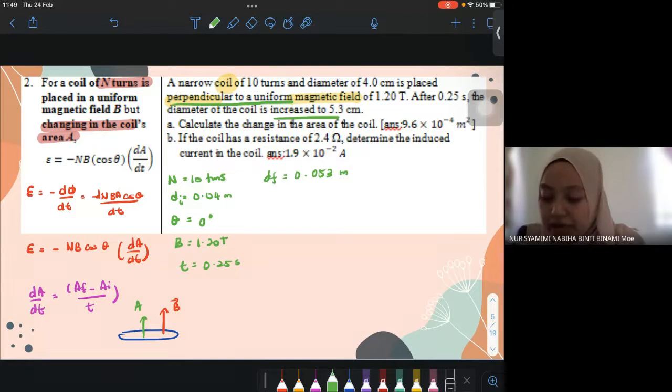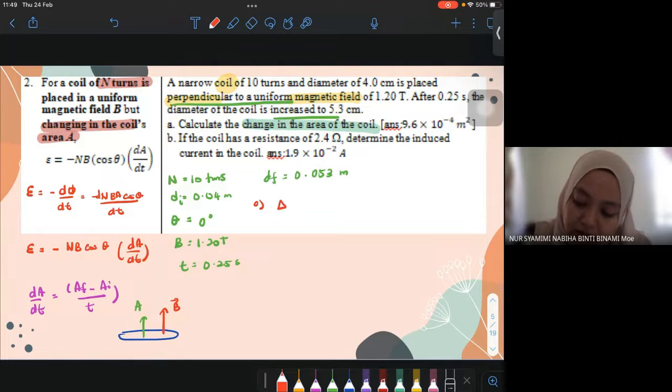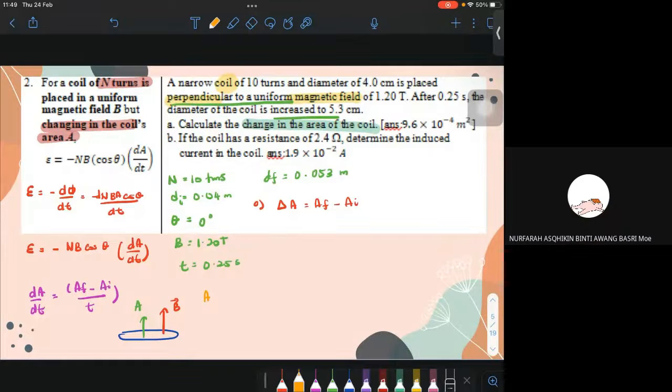Okay, A, calculate the change in the area of the coil. So dia minta change in area. So how we want to find the area? Tahu change ialah delta A. Maksudnya A final minus A initial. Kita ada A tak? Tiada, madam. So how you want to find A? By pi d square over 4. Yes, very good.